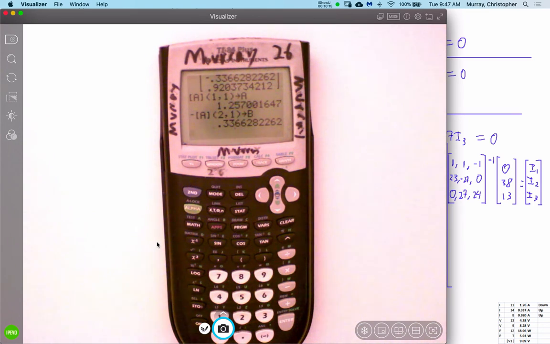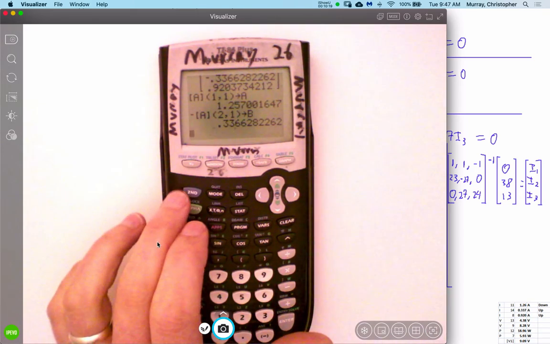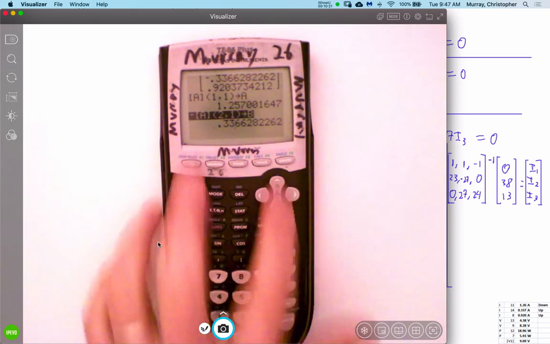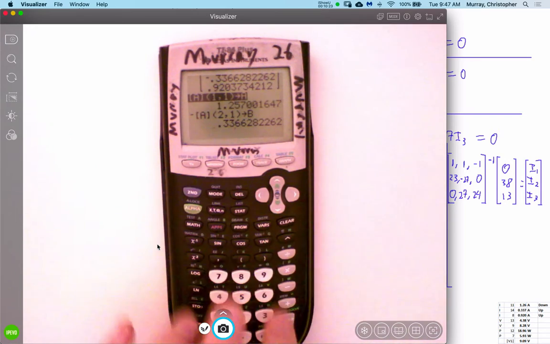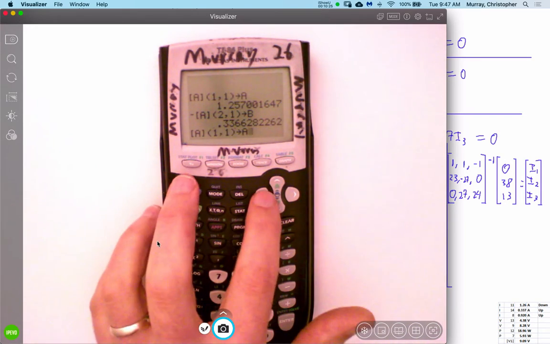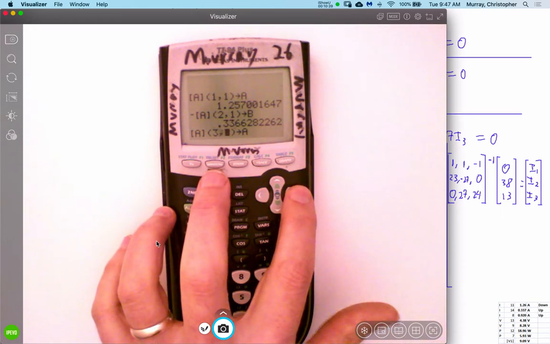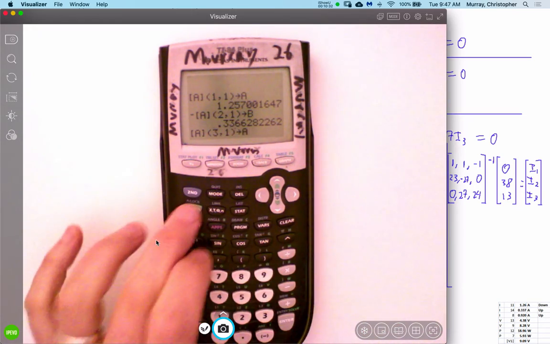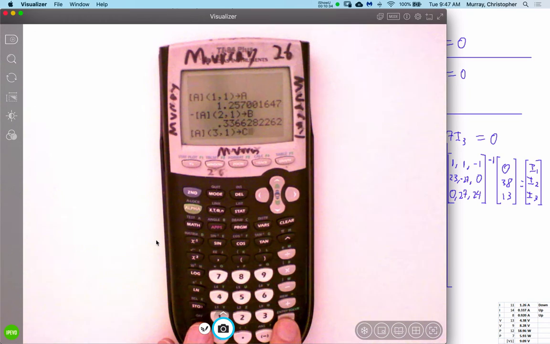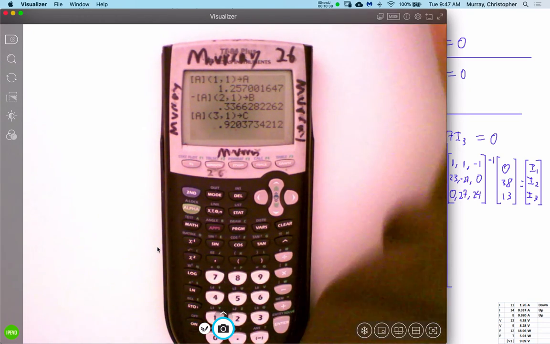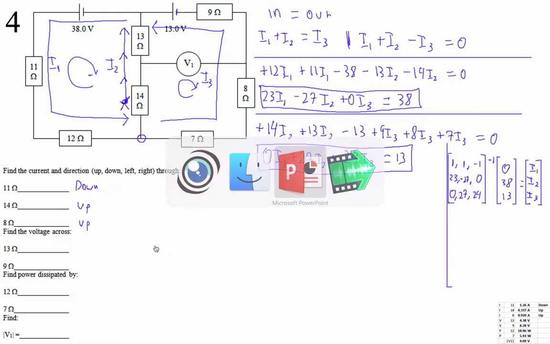And then I'm going to take the third one. So let's go up here, grab this guy, and let's go the third row, first column. Let's store that in C. Okay, so now I've stored those things in the variables. Let's fill in the thing here.